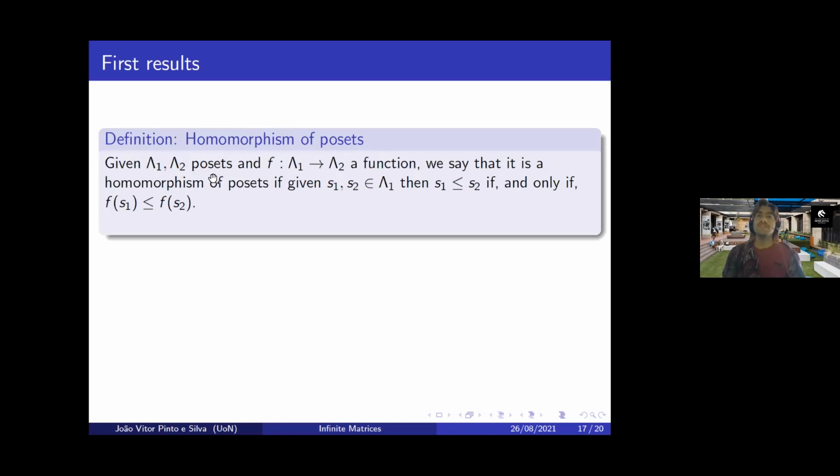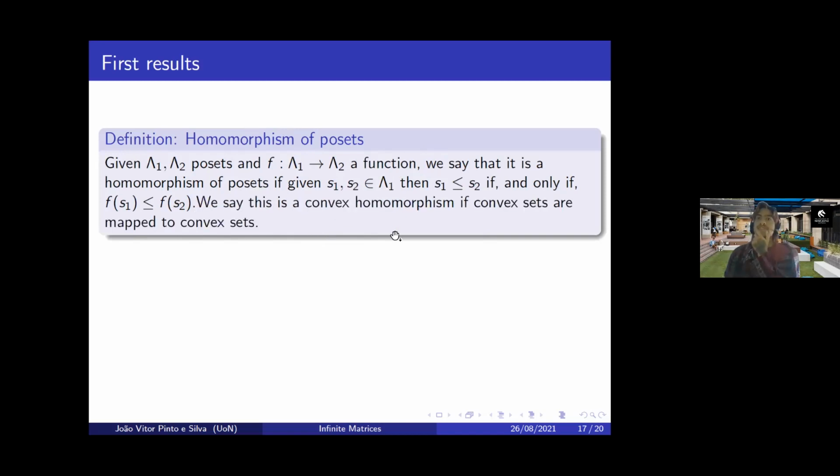Given Lambda1 and Lambda2 posets and f a function between them, we say that this is a homomorphism of posets if given S1, S2 in Lambda1, then S1 is less or equal to S2 if and only if f(S1) is less or equal to f(S2). What I was thinking yesterday is that I only need the implication in one direction here, but at least for all the other results that I proved, I can use it this way as well, and I wouldn't have any problem.